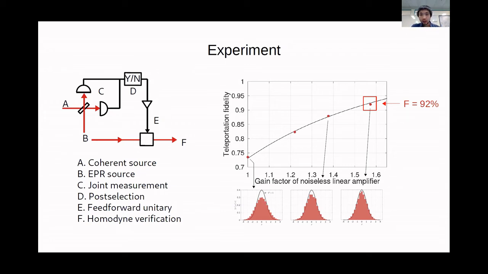So what we observe is that as we increase the gain of the MBNLA, the teleportation fidelity increases. The maximum fidelity we got was 92%, as opposed to the 83% that you would have without MBNLA.